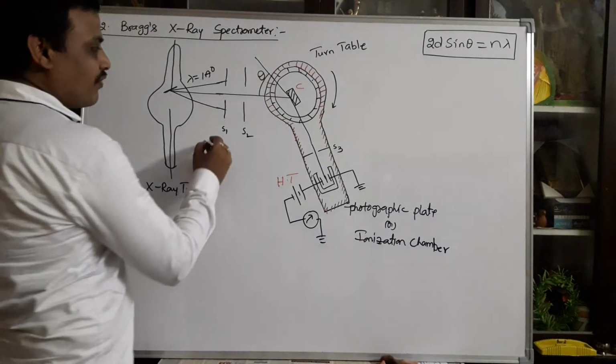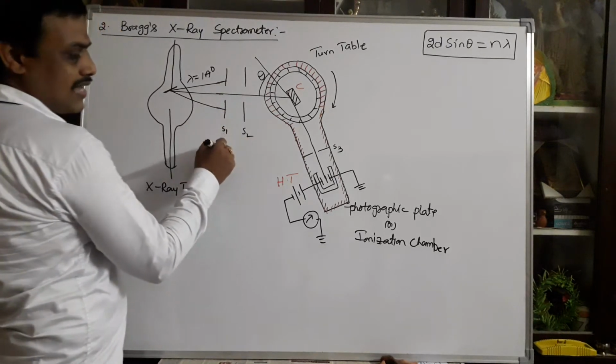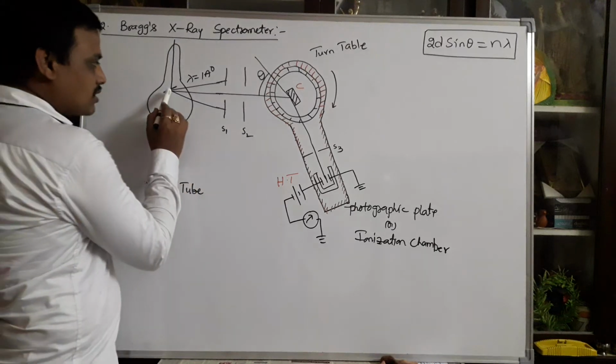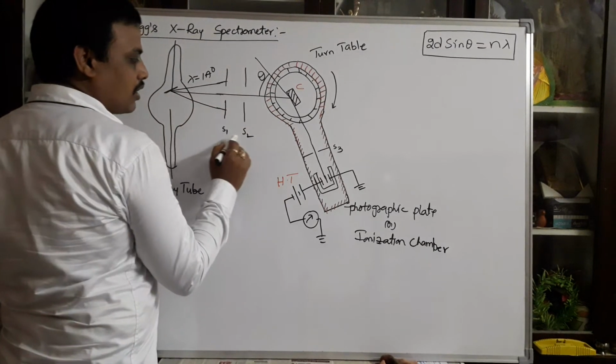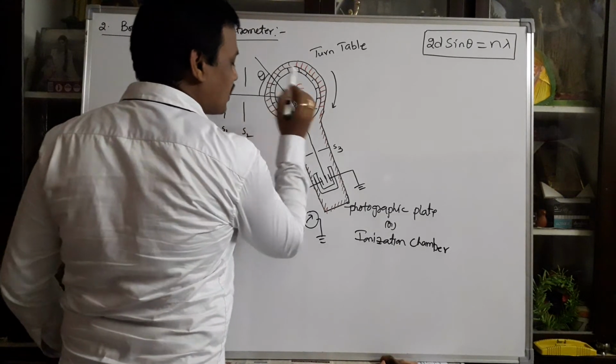In that way, you can filter out the remaining directions of X-rays. The X-rays pass through the slits S1 and S2, and only a single X-ray beam is incident on the crystal C.